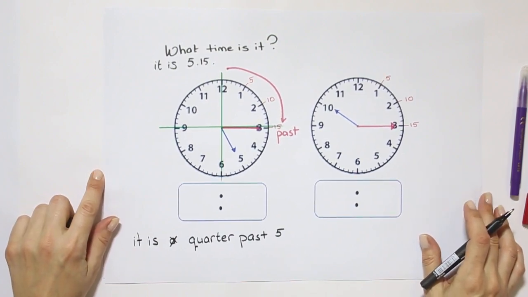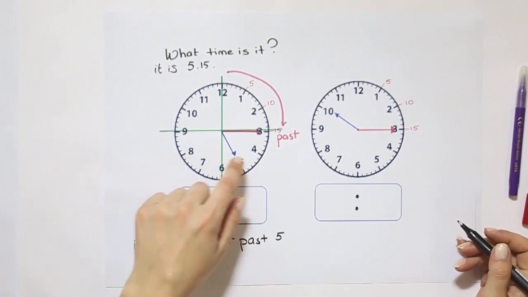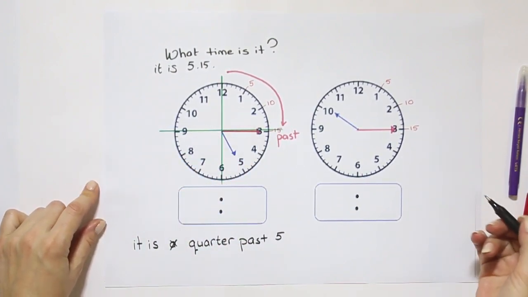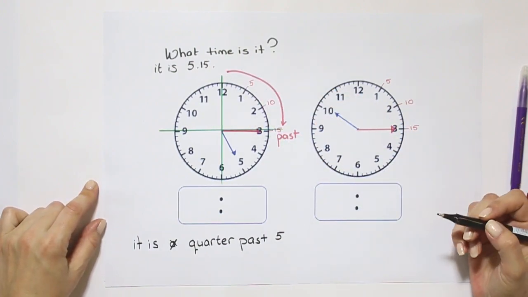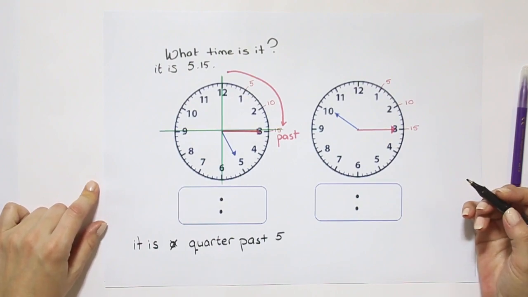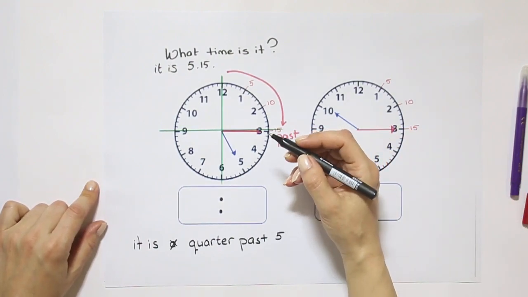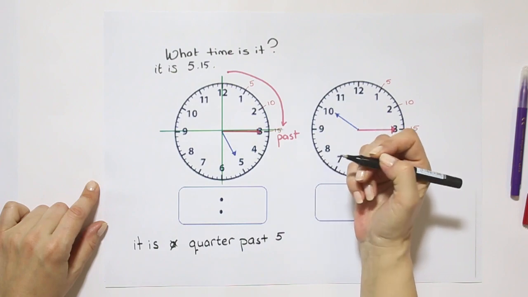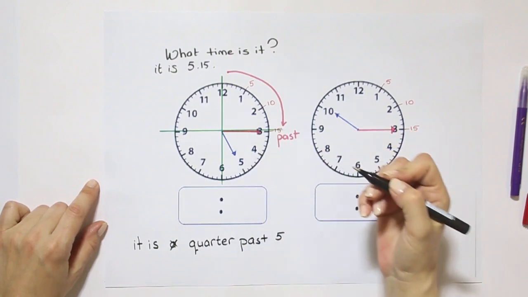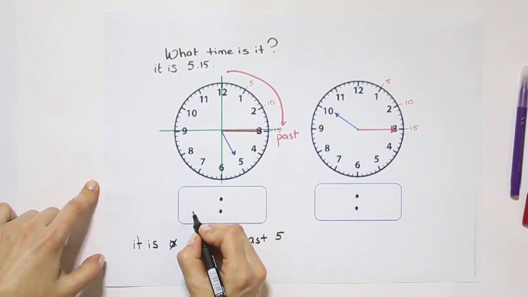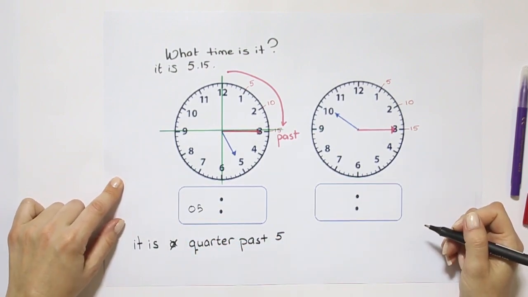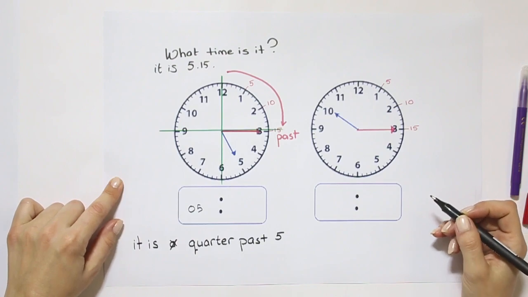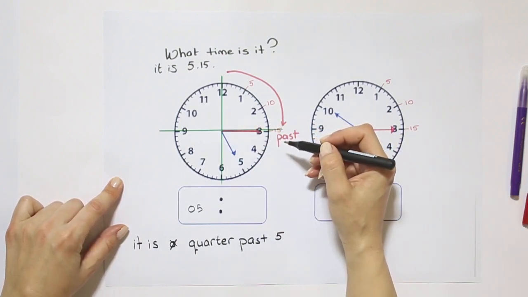Remember, we divided the clock into 4 parts. Each part is a quarter. Each of these quarters have 15 minutes. Let's look at the time. The hour hand is pointing just after 5. So we know the hour is 5. The minute hand is pointing at 3.